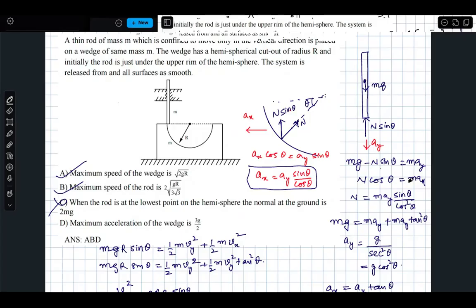N cos theta is responsible for the acceleration of this hemisphere.